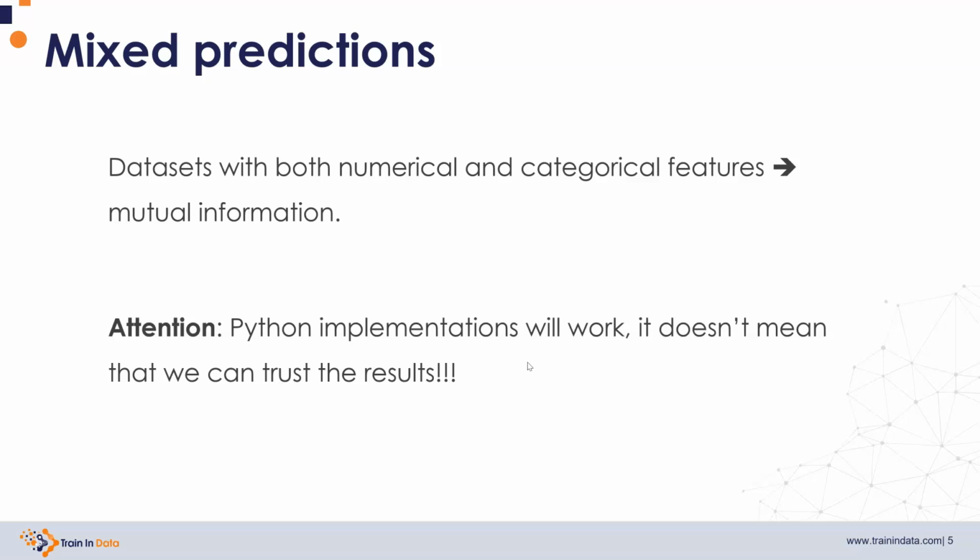So if our data does not fulfill the criteria necessary for the test, then the results that we can derive from these tests are not reliable. So be careful here. The fact that you can implement it in Python doesn't really mean that the value that you get is a value that you can trust.